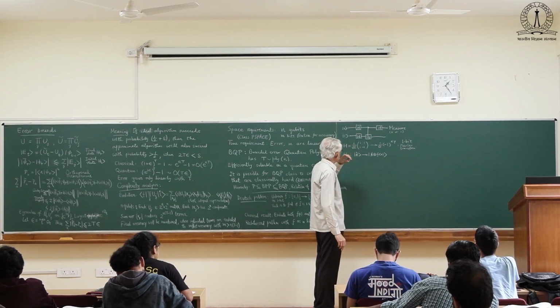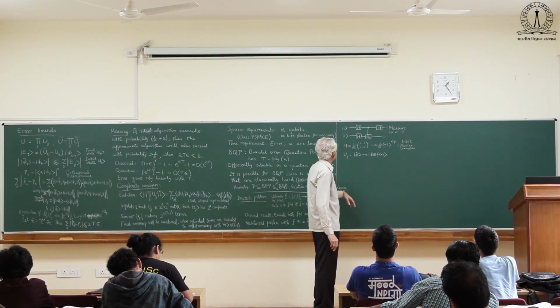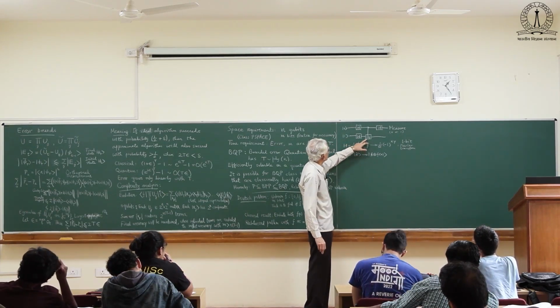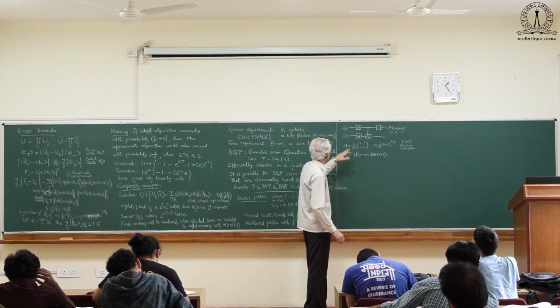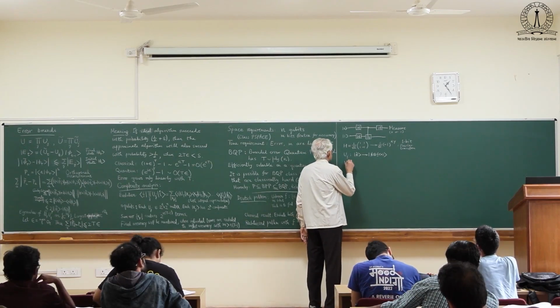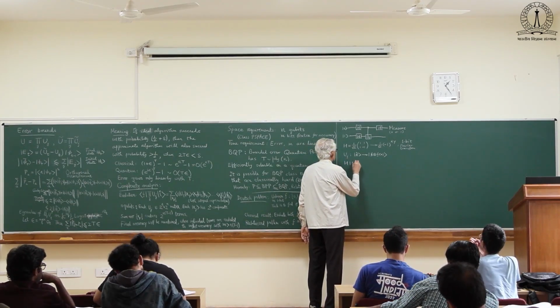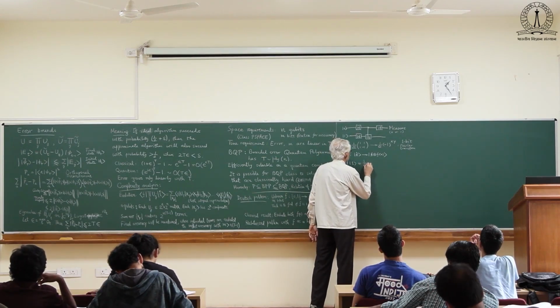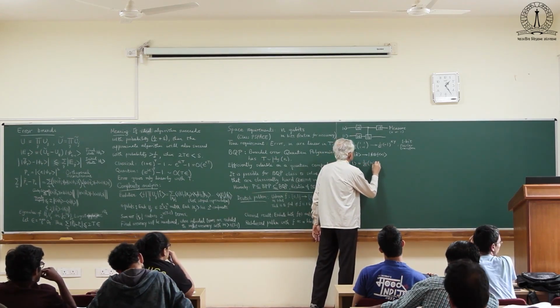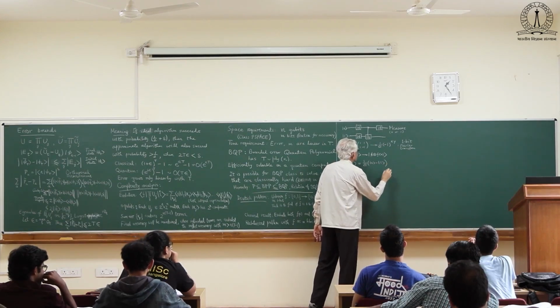The peculiarity or whatever happens by choosing some particular state. So this H acting on 1 is 1 by root 2, 0, -1.